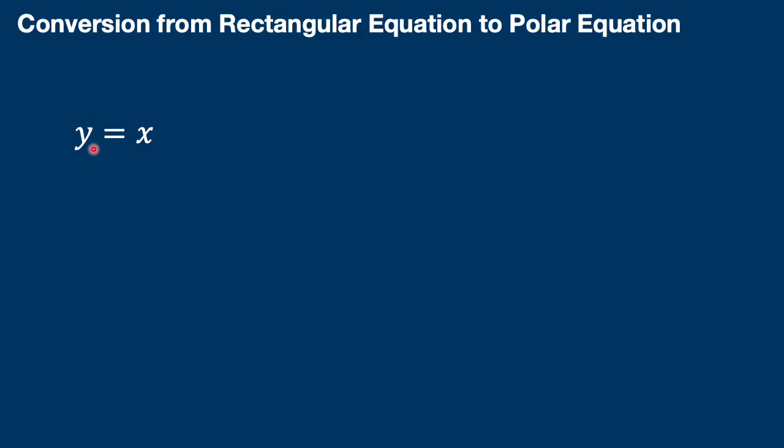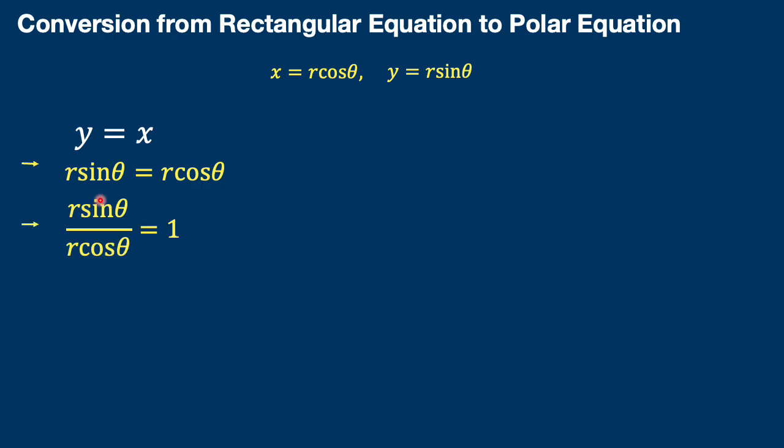So what is the y value? What is the x value, guys? Remember when you convert from rectangular coordinate to polar coordinate? Let's get the idea. x is r cosine theta, y is r sine theta. So you plug in y equals r sine theta, x equals r cosine theta. When you see it, guys, this one is going to be divided by r cosine theta on both sides.